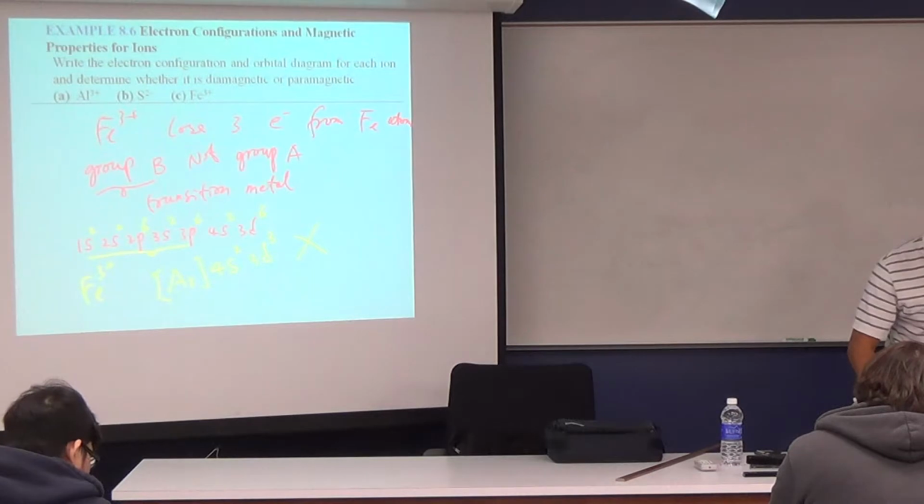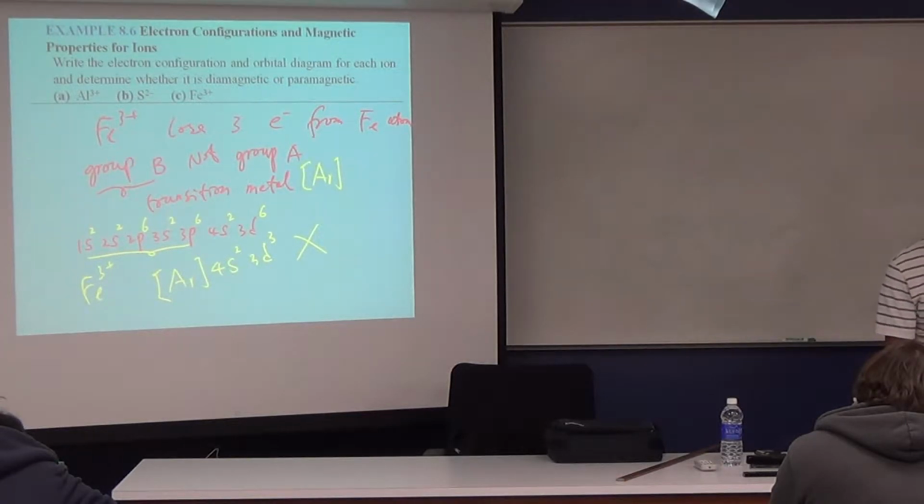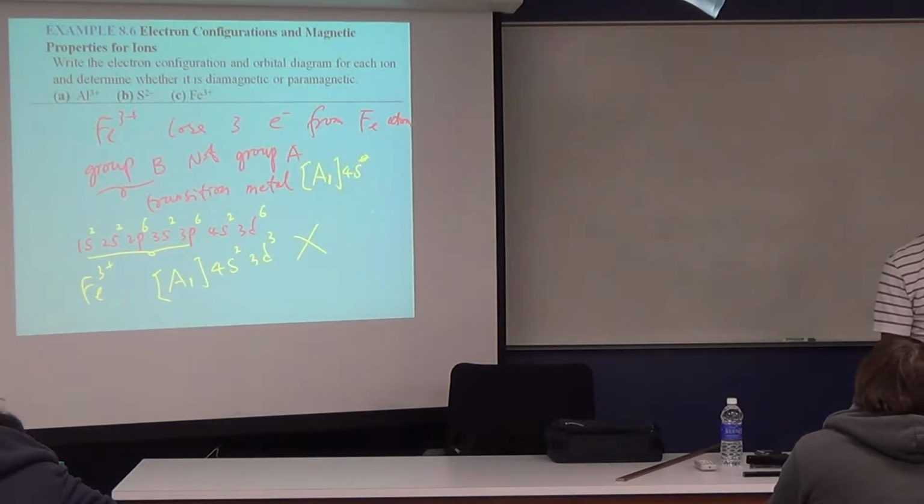So what you do, you will see this configuration. You still have the iron, and you are going to take 2 electrons away from the 4s, that becomes 0. If you only take 2 electrons away from the 4s, so then just right. So if I keep all the 6 on the 3d, now this configuration is for the Fe2 plus. Got that?